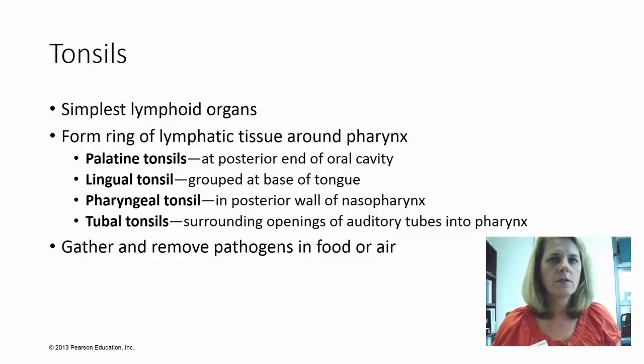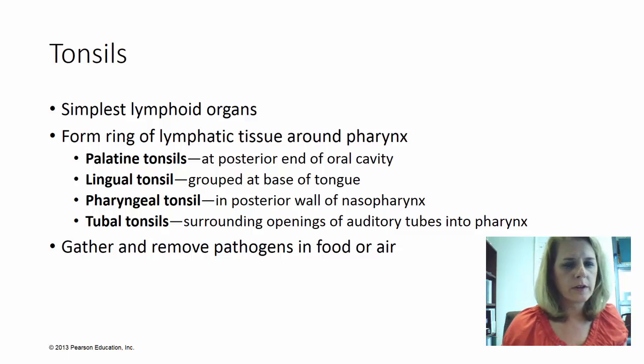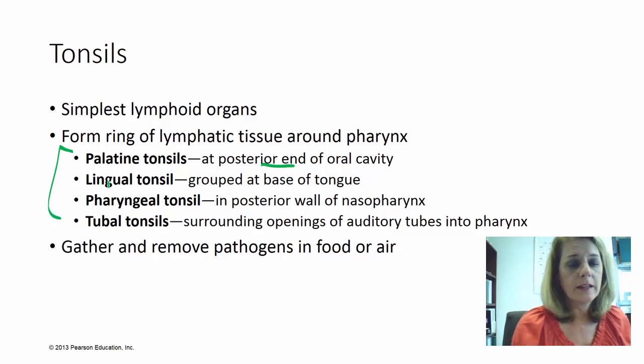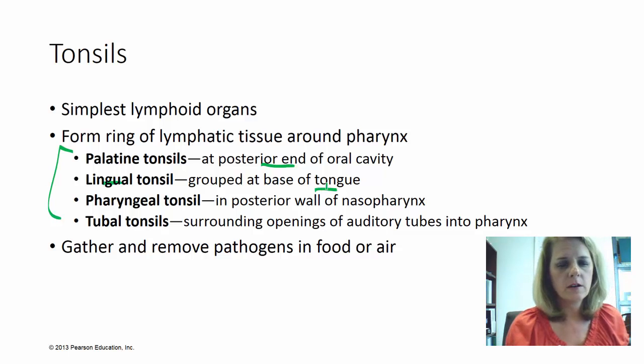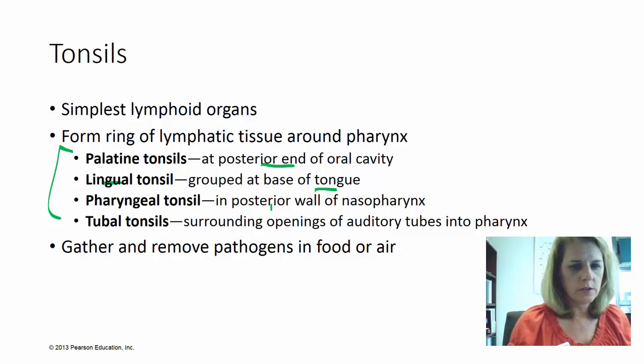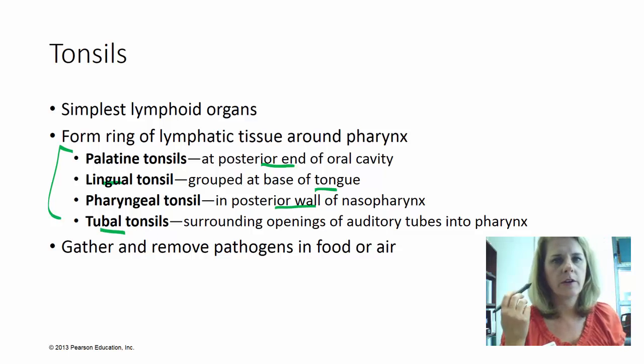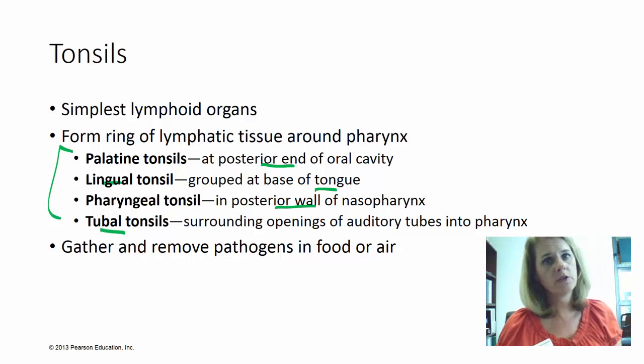All right, so the tonsils are the simplest lymphoid organs, and you have a set of four. You have palatine tonsils at the back end of the oral cavity. You have lingual tonsils under your tongue. You have pharyngeal tonsils on the back of the nasopharynx, and then tubal tonsils near your auditory tubes, or your eustachian tubes, if you've ever heard of that.